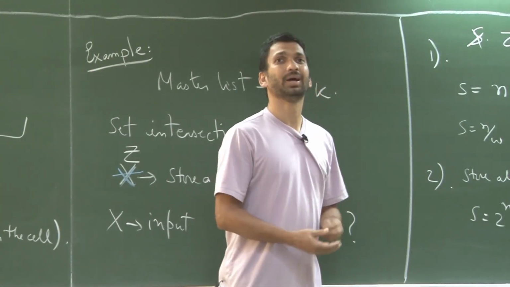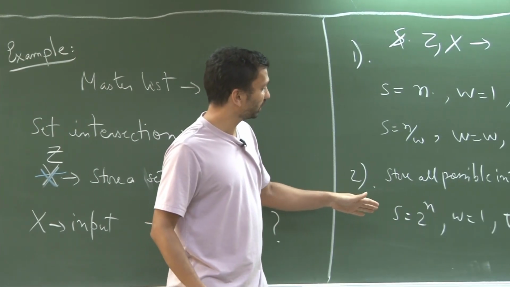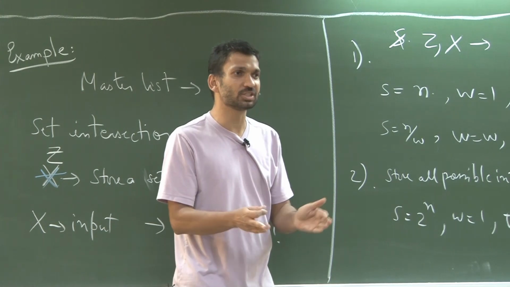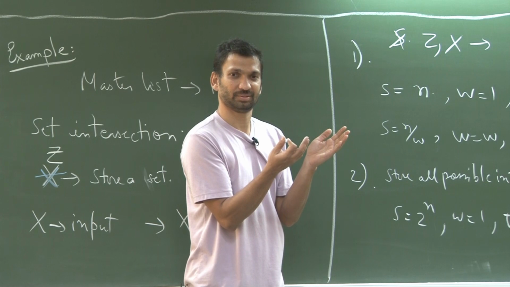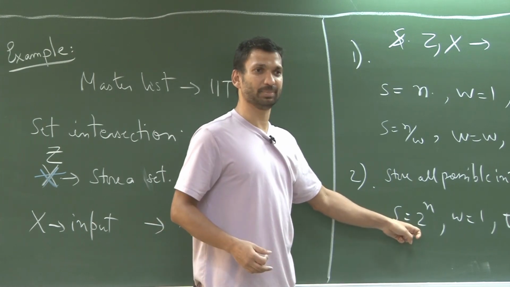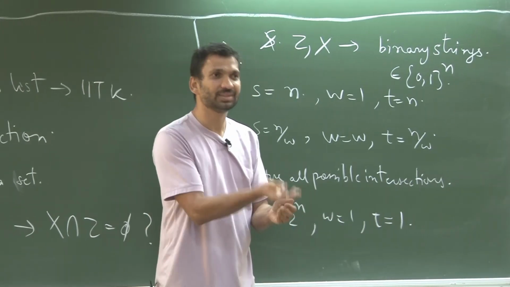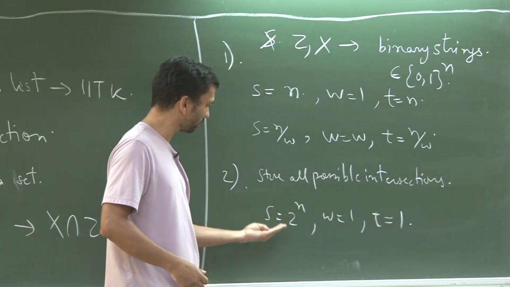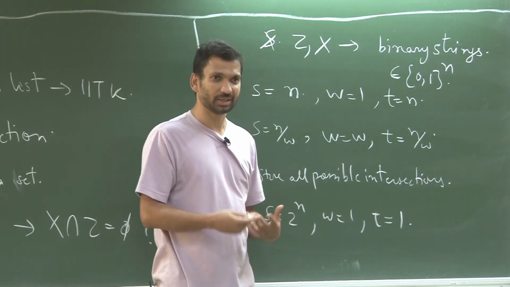And not to belabor the point, but you can also say that I will store all possible intersections of sets of size less than some size p. That will decrease s a bit, that will increase t slightly. So there is a trade-off where you can reduce s a bit, but t will increase a bit, right?